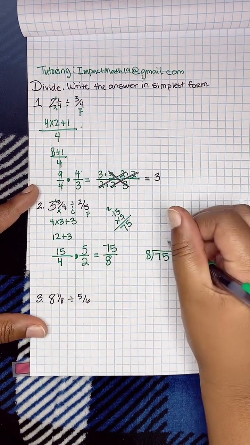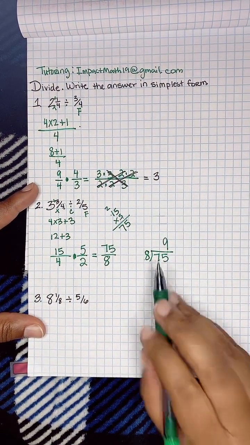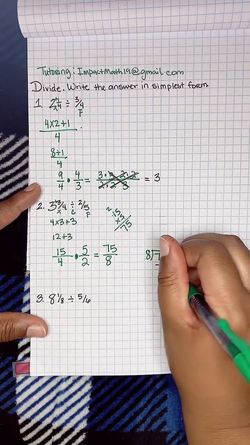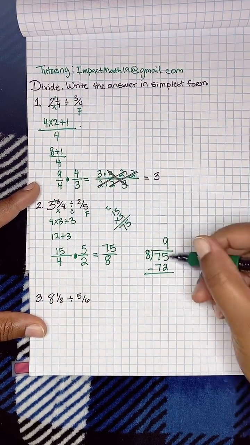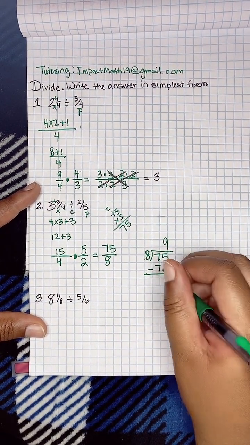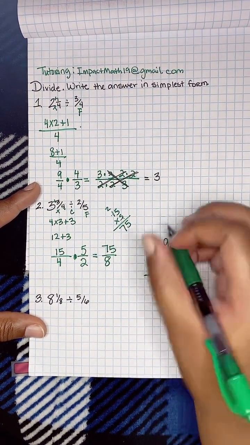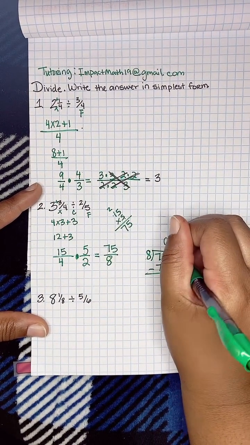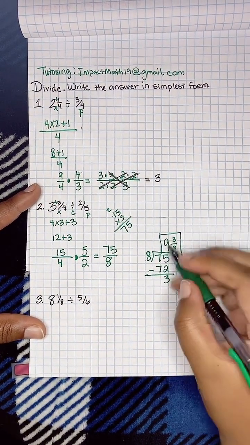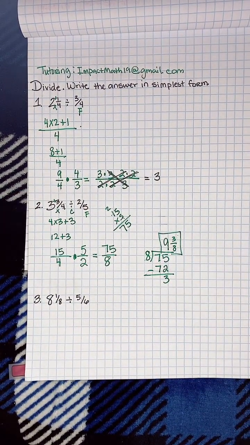Good. So 9 times 8 gives us 72. Wonderful. And then 75 minus 72 is 3. So then we have 3/8, and we have 9 and 3/8.